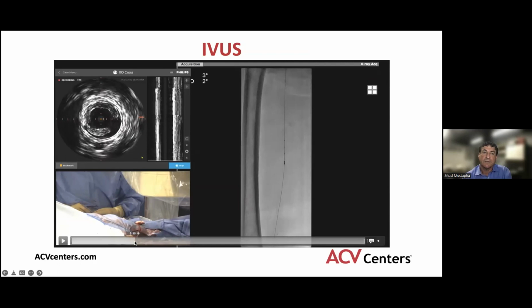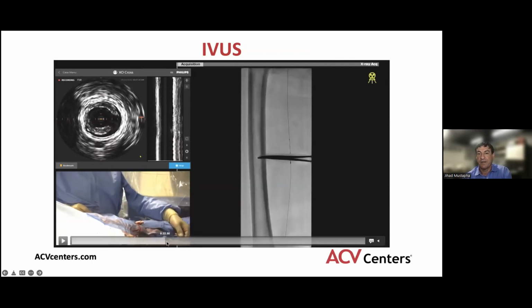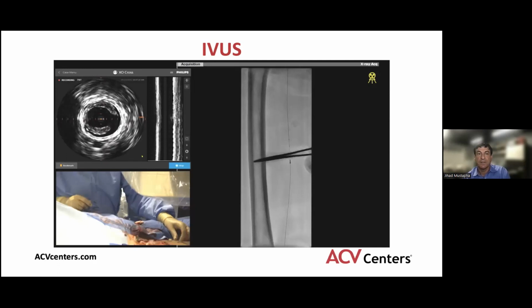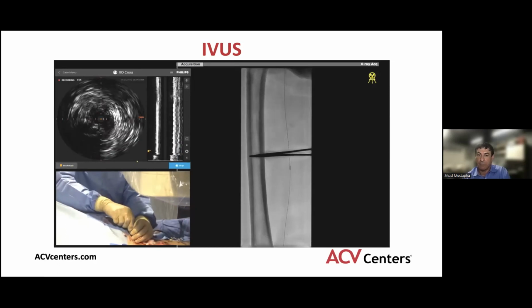But look at the mobile residual organized thrombi. Now we're going to mark this again, because we want to treat only areas that require therapy. And in this case, we would like to trap any problems.